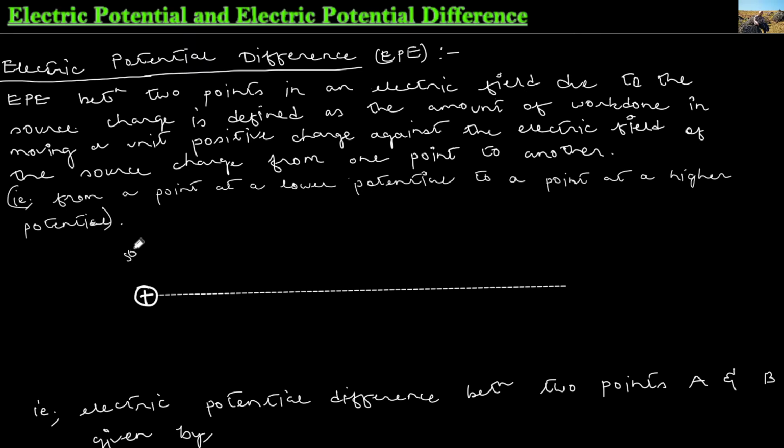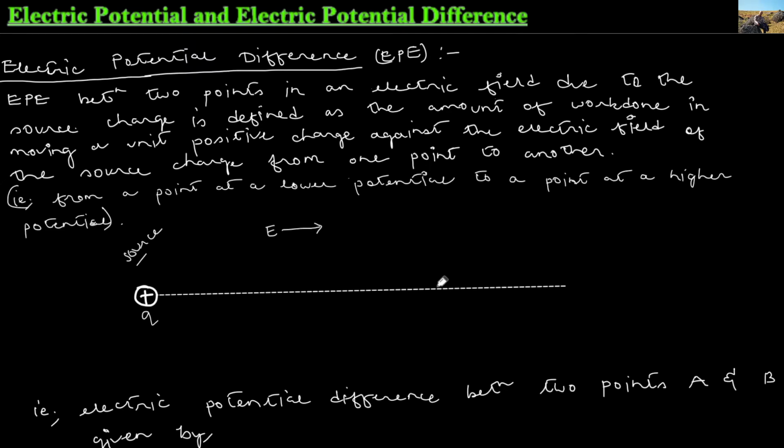This is considered as the source charge, and let Q be the magnitude of the source charge. If we have this positive charge, it is very clear that there will be an electric field, and it will be directed in that direction.